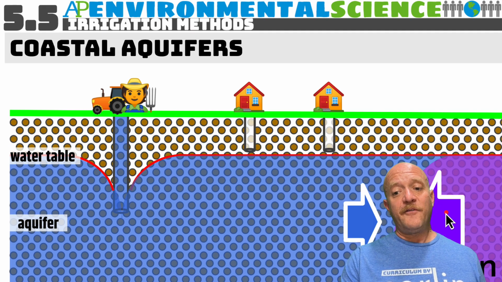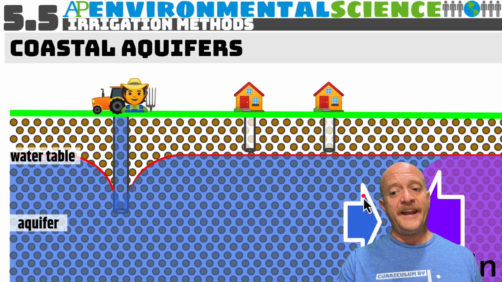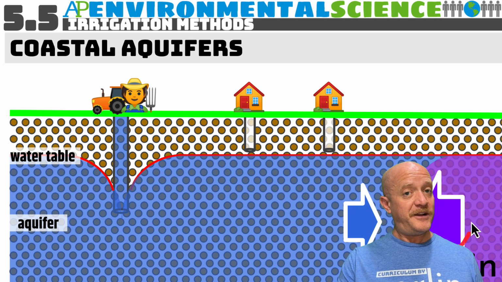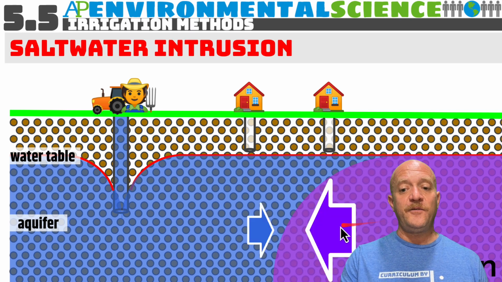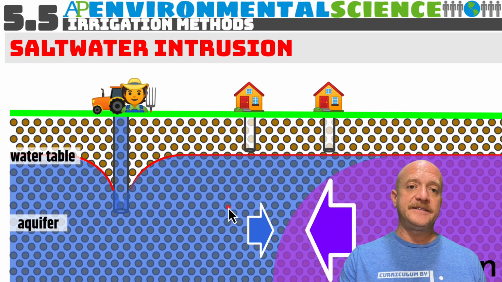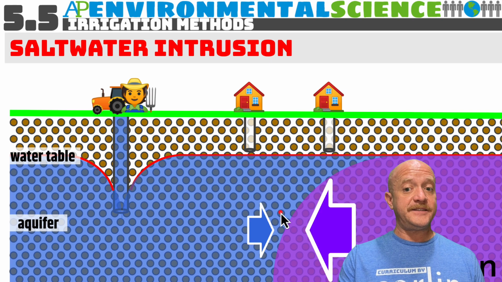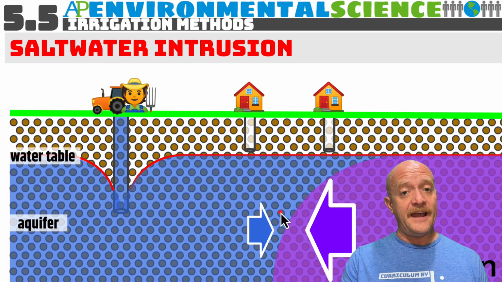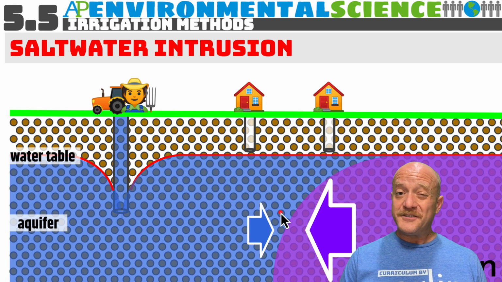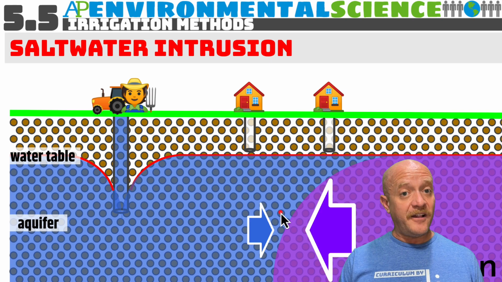But when you take a lot of water away, you're lowering the amount of pressure that this fresh water is providing, which means that there's higher pressure coming from the ocean, which will then push that salty water into areas that are agriculturally active or into arable land space. When this happens, this can impact the productivity of the land, and it also means that for a lot of these plants, the conditions are outside of their range of tolerance.